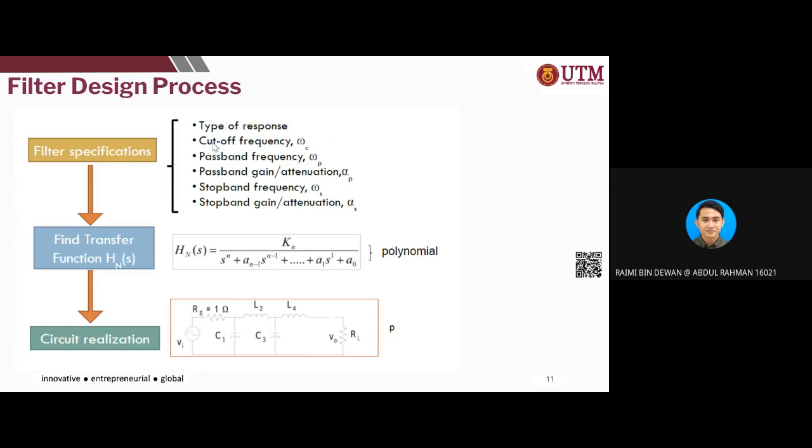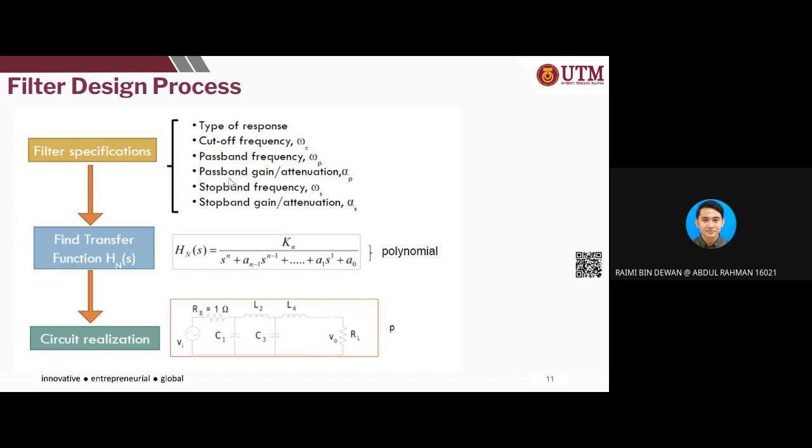We need to know the cutoff frequency, or we need to find it, which is omega C. And then we need to know, or find, depending on the situation, omega P, which is the passband frequency. Next, we need to know the passband gain or the attenuation value. It can be called passband gain or attenuation, which is your alpha P.